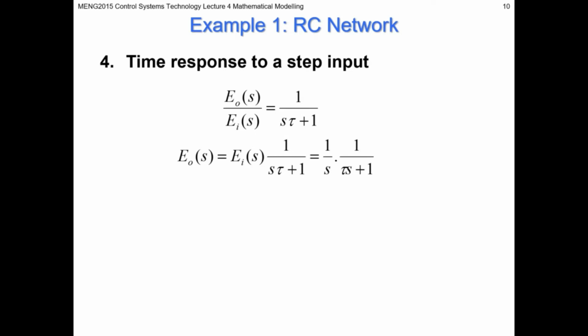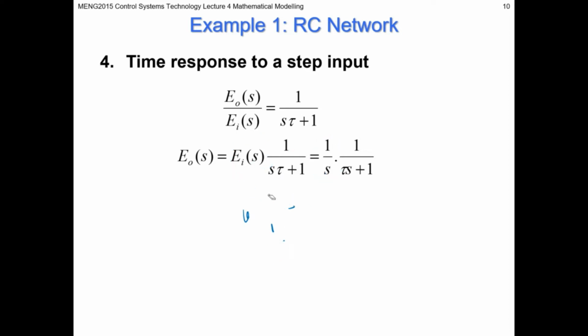Okay, well, let me write it out. So this is very similar to what we did before, actually. So let me just follow my PowerPoint notes. So we're multiplying out by the input to get the output. So our output is our input times our transfer function, and our input unit step is 1 upon S. All right, so that's gone in here.